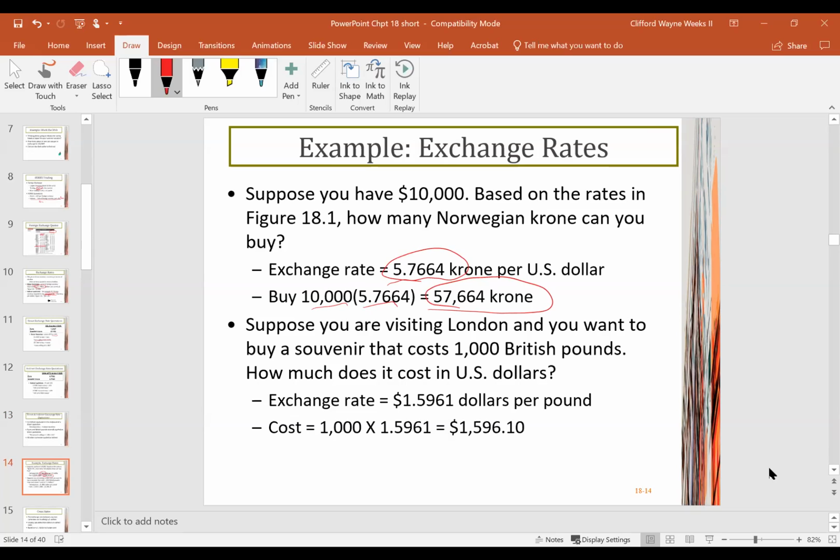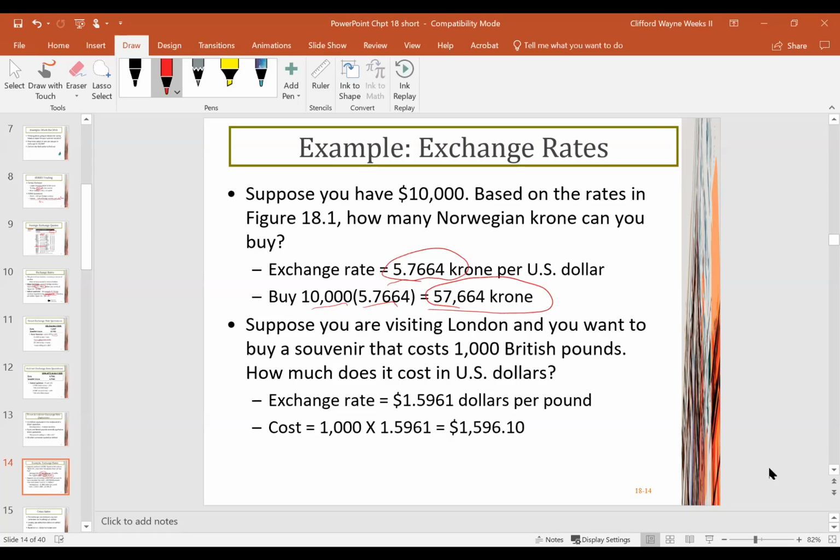However, if we're in London, the exchange rate was 1.5961 dollars per pound. We'd have to convert. I don't know why this is 1,000. 10,000 I think is what they're intending to do. Oh, okay.